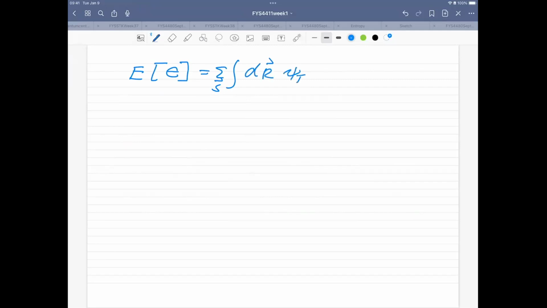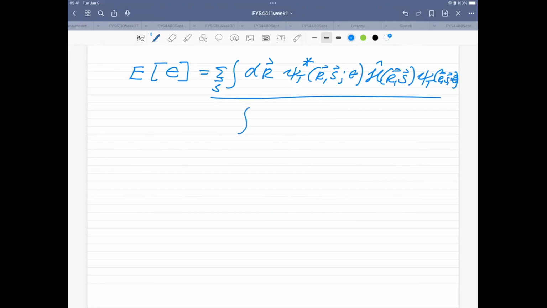Then I have ψ_T, which depends on R, S and theta, then the Hamiltonian, which depends only on R and S, and then ψ_T of R, S and theta. This is divided by the sum over S and the integral dR of the absolute value of ψ_T of R, S and theta, squared.